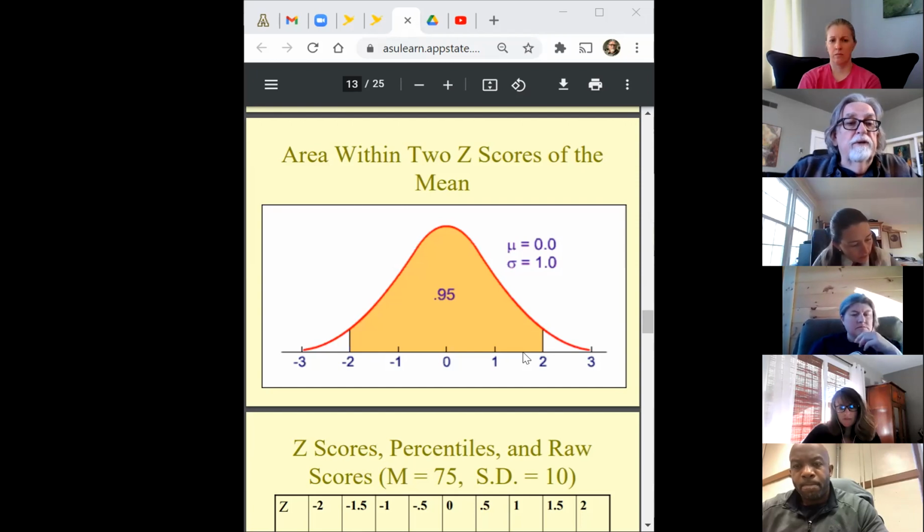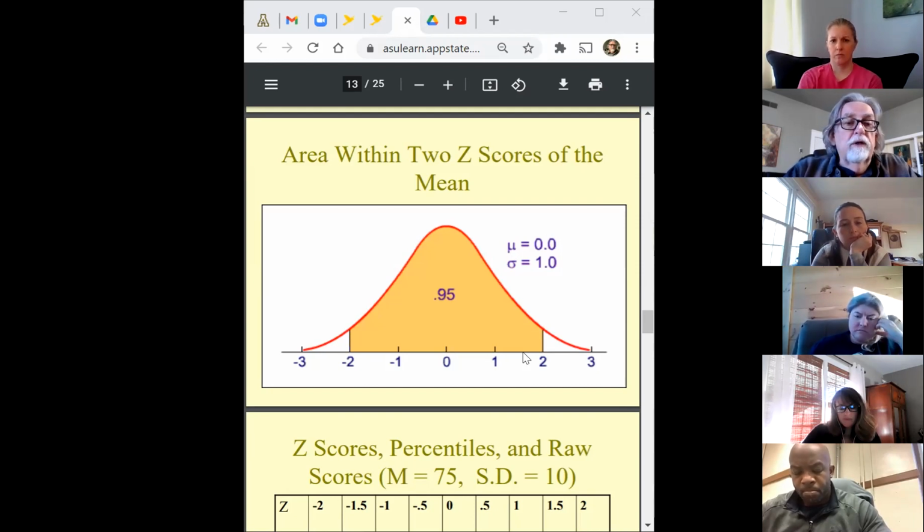Let's say we want to know if something is significantly higher than the group, then we would bump this back a little bit to represent 5% of the area under the curve, with the other 95% all the way back the other way. If we wanted to know it was significantly lower, we would bump this back up to 5% on the bottom side and 95% all the way on the other side.